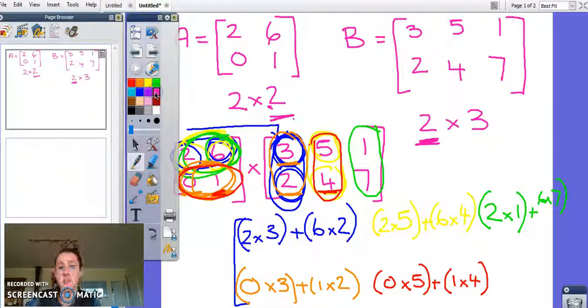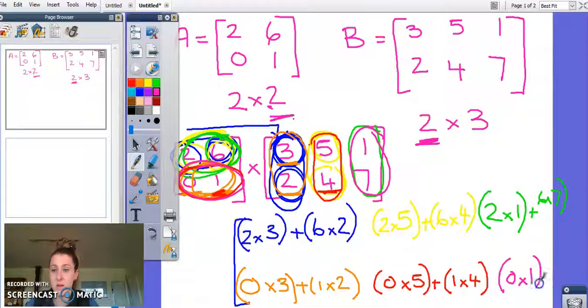Alright, we've got to find our final element in here. So again, it's that second row, but by our third column. So second row, third column. So it's 0 multiplied by the 1 plus the 1 multiplied by the 7.